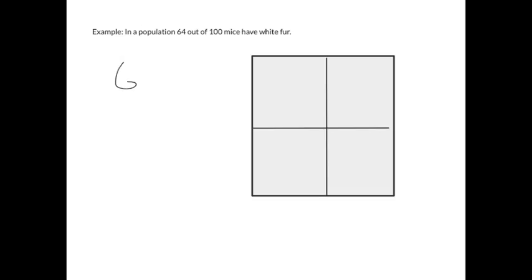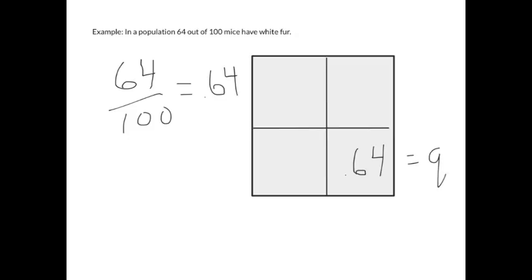So if we look at an example, if in a mouse population 64 out of 100 mice have white fur, so CW, we can calculate the percent of the population that have that genotype. So 64 divided by 100 is 0.64. That's our Q squared value. So we can find the square root of that to identify Q, which is going to be 0.8.